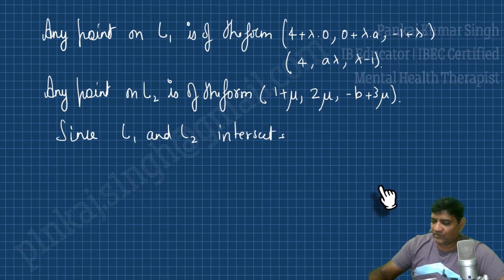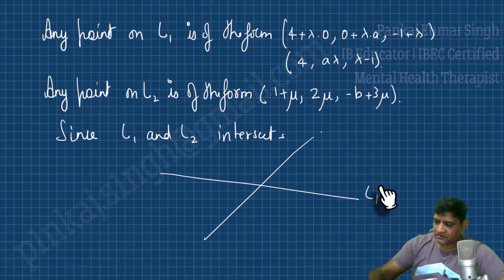Let's say this is L1 and this is L2. For different values of lambda, I'll get different points on the line. And for different values of mu, I'll get different points on the line L2. However, for some value of mu and for some value of lambda, these two points are going to be equal, right? And that point is going to be the point of intersection.